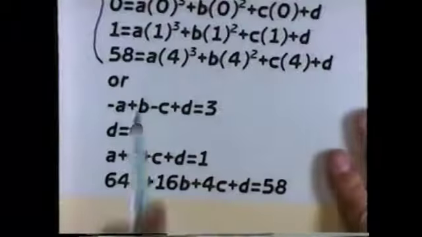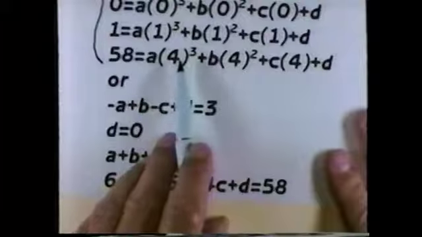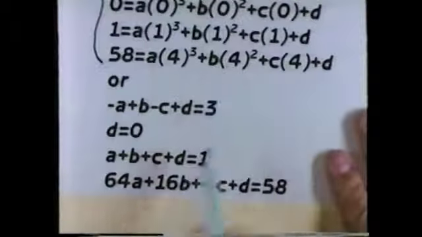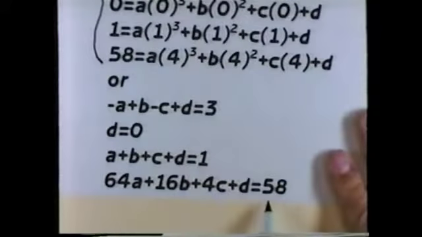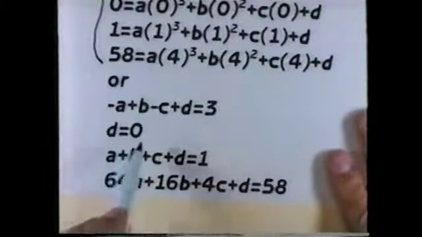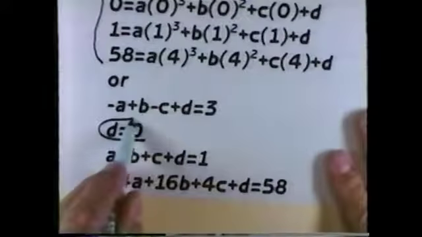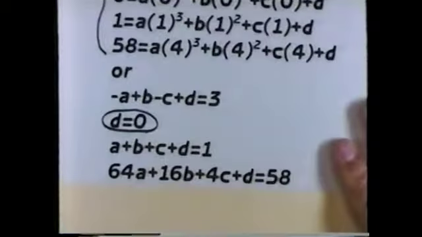And for the last equation, 4 cubed is 64. So I have 64a. 4 squared is 16. So I have 16b plus 4c plus d is equal to 58. Now d equals 0 will be one of my values.